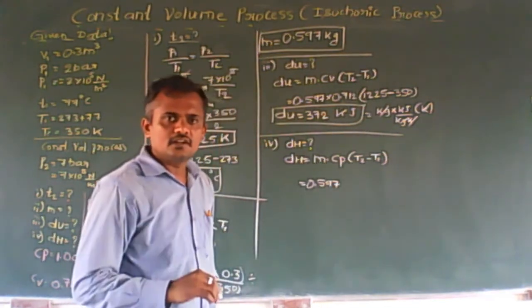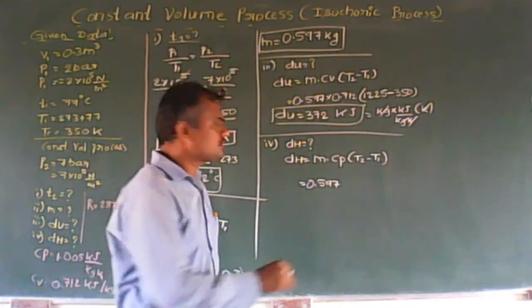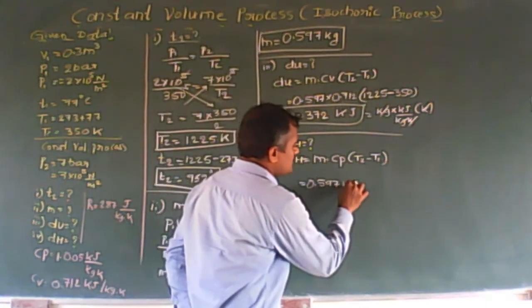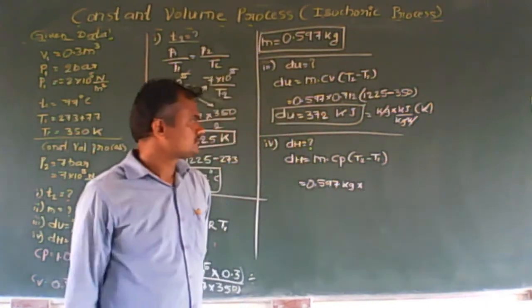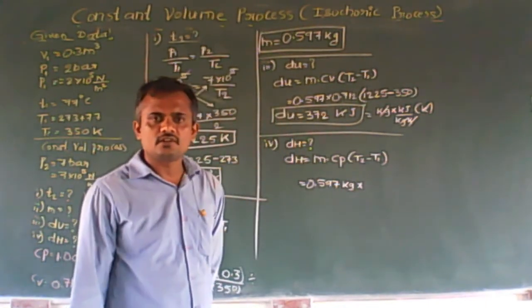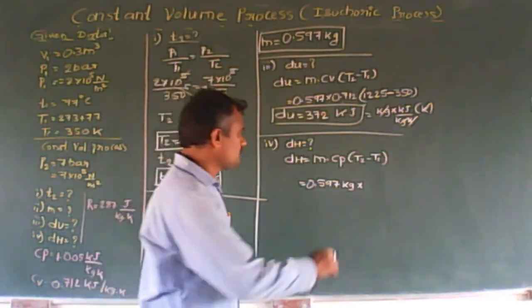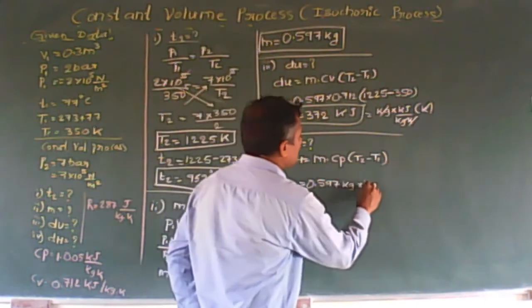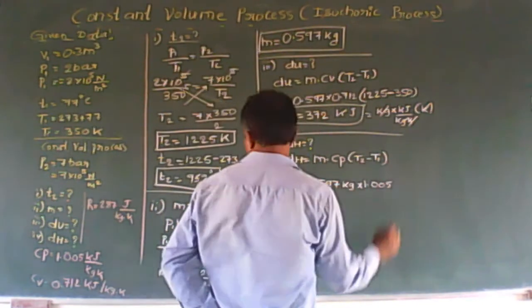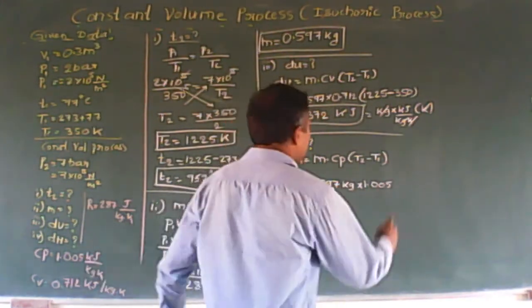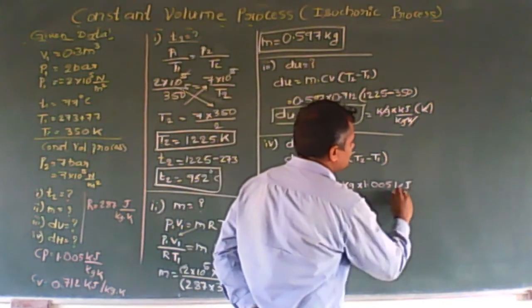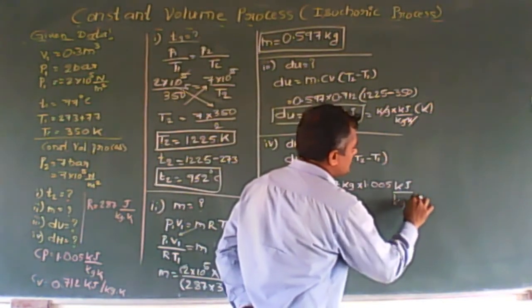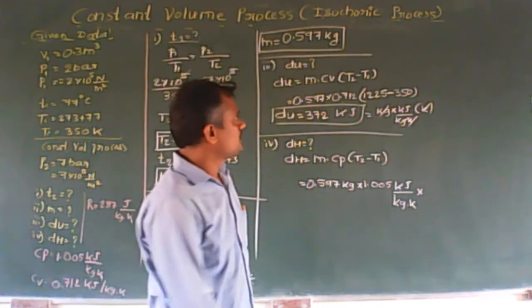I will use the units along with this substitution to avoid confusion. So 0.597 kg multiplied by Cp, which is 1.005 kilojoules per kg Kelvin, multiplied by T2 minus T1.